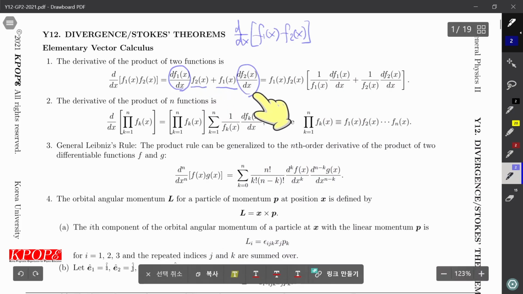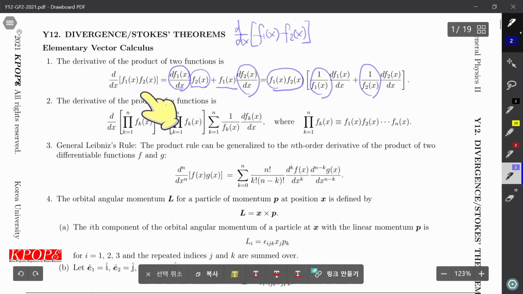If we factor out the original product, then this one is f2, so f1 is missing, so 1 over f1 is there. The next one, 1 over f2, is there.